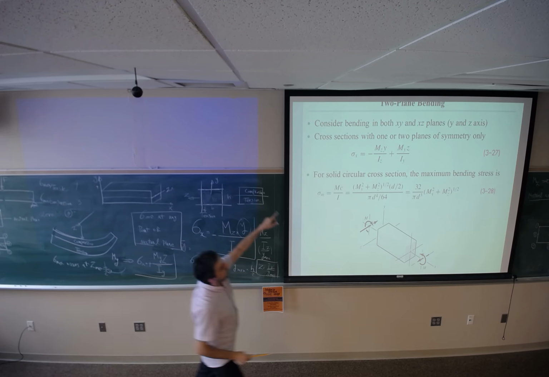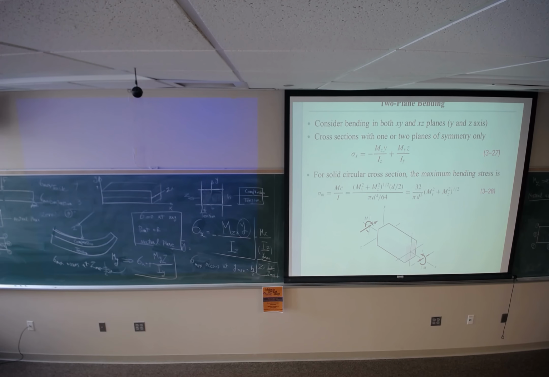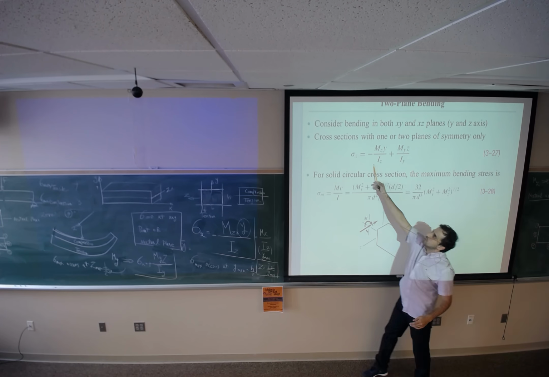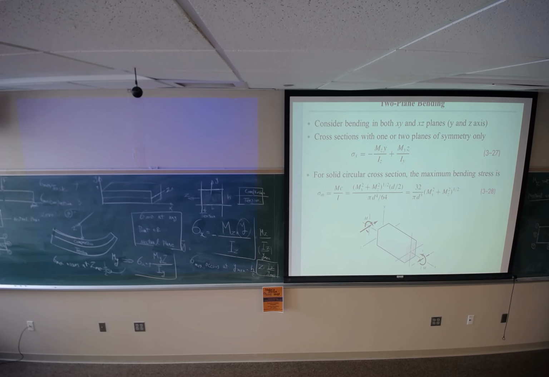So this equation: if one beam is under both Mz and My bending moment, the normal stress at any point can be obtained by this equation. Suppose I would like to find the normal stress due to the bending moment at this point, with coordinates z1, y1.